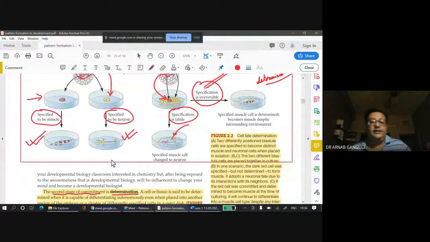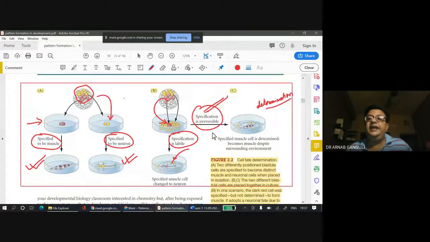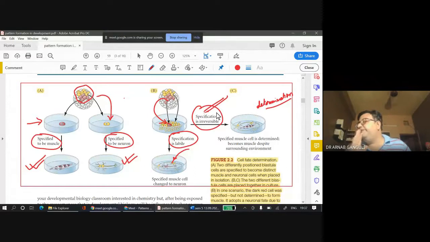So this is how you can define the difference between specification and determination. In determination, however good boys you put around, the muscle cell precursor which is committed for making a muscle cell only will become a muscle cell.